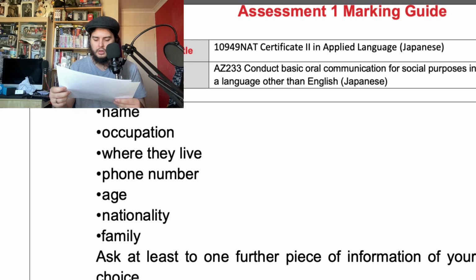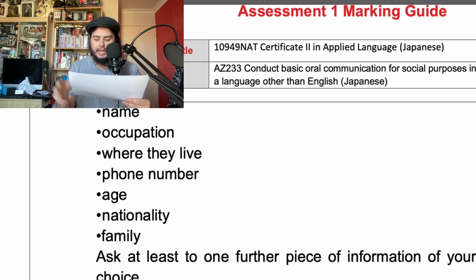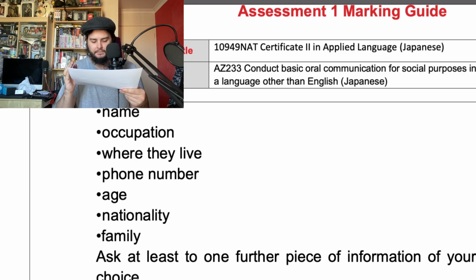Then, for phone number, where I'm asking, what is your phone number? I yet again put "anata no tenwa bango wa nanban desu ka?"